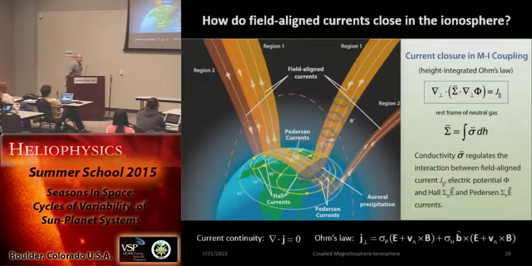Right. So the Hall currents flow primarily in the E region of the ionosphere, up to 150, maybe 180 kilometers, depending on exactly how disturbed things are down there. The Pedersen currents are also dominantly in that E region.